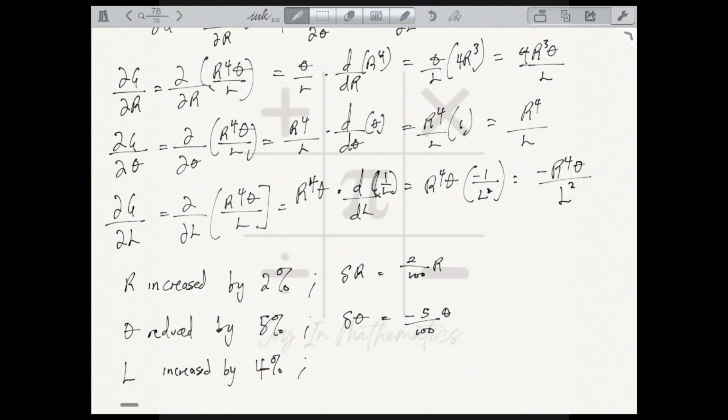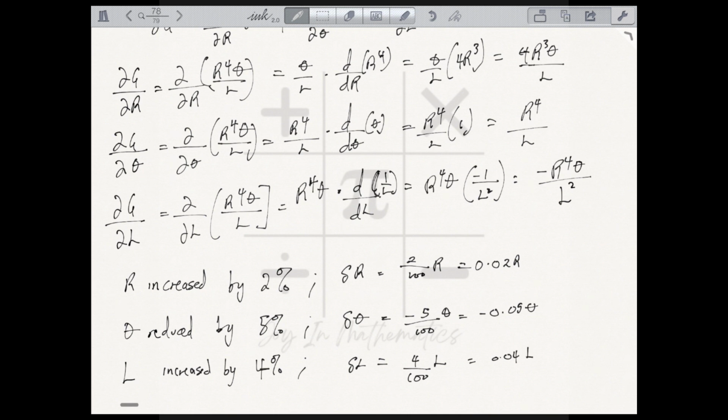Likewise for L, which increased by 4%, this will give us 4 over 100 L. To simplify further, this will give us 0.02 R, minus 0.05 theta, and 0.04 L.